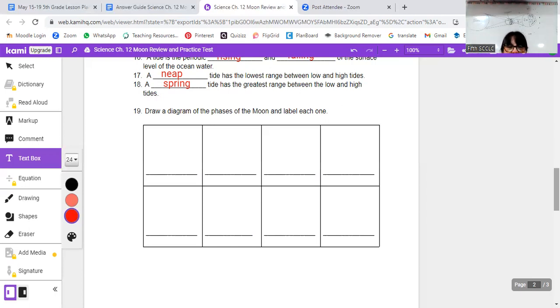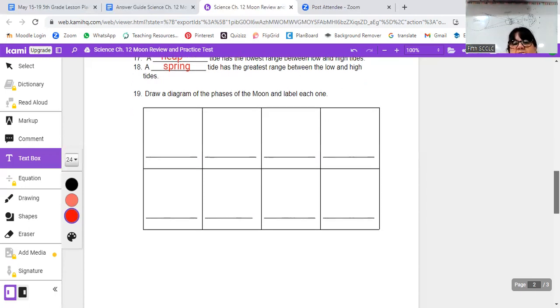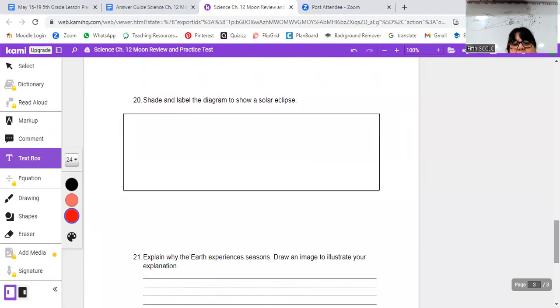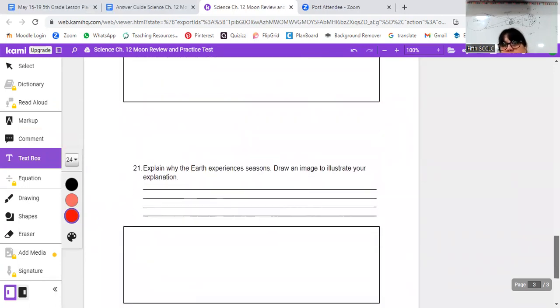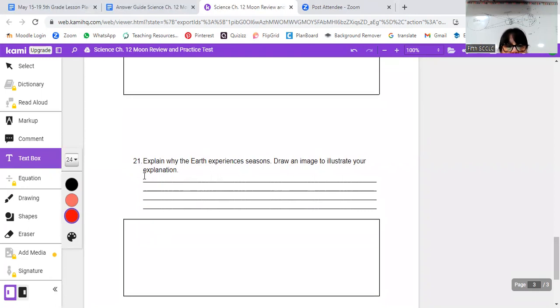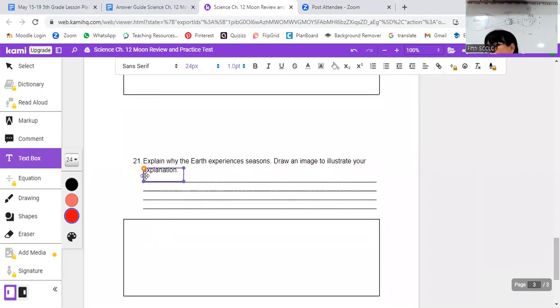Does somebody have an idea of why the Earth experiences seasons? Genesis. Good, you're on the right track. That's very close. Anybody else want to add to that?